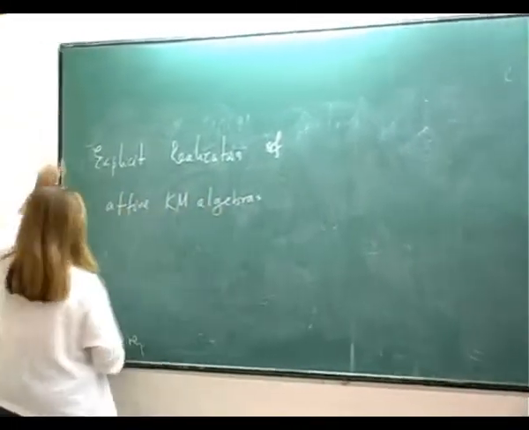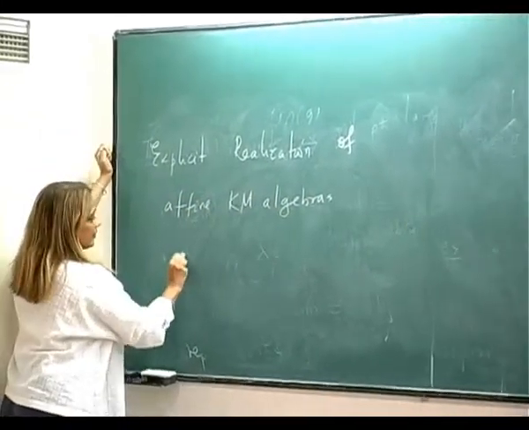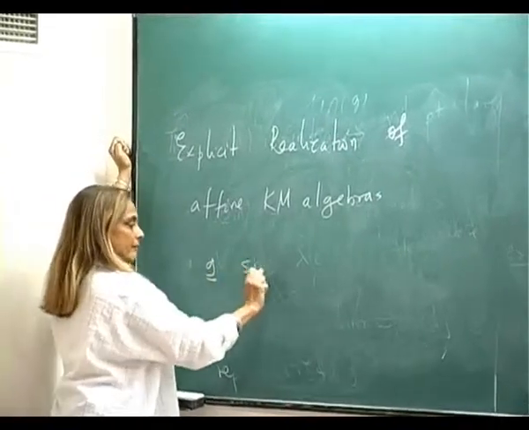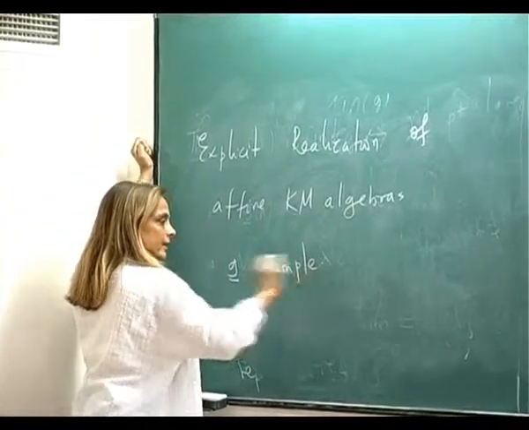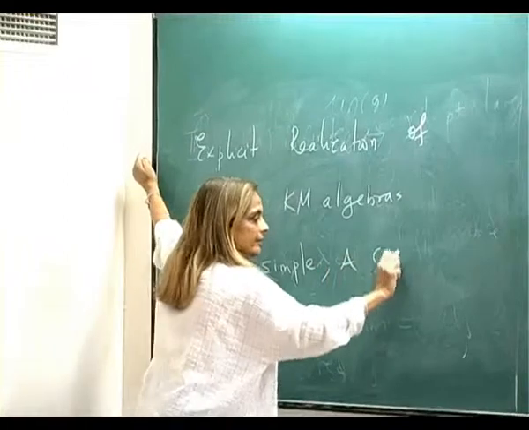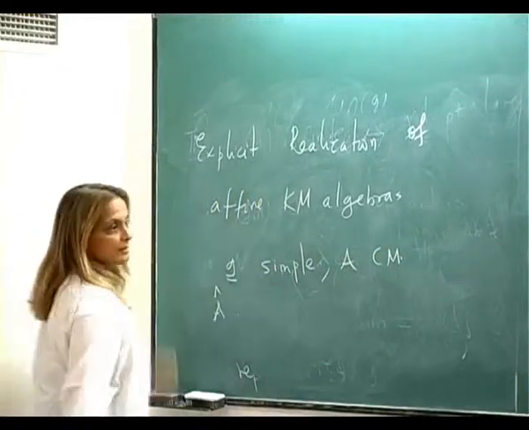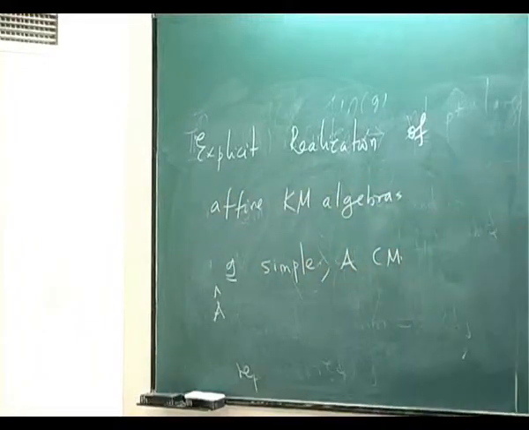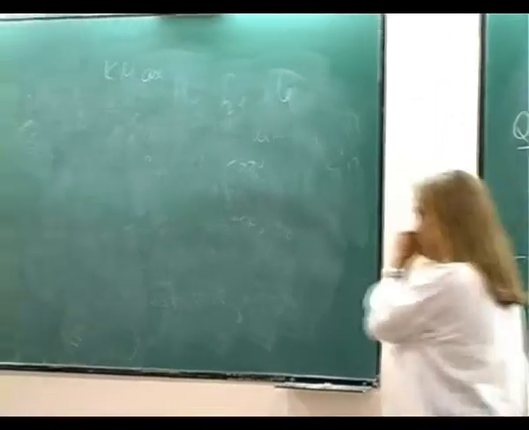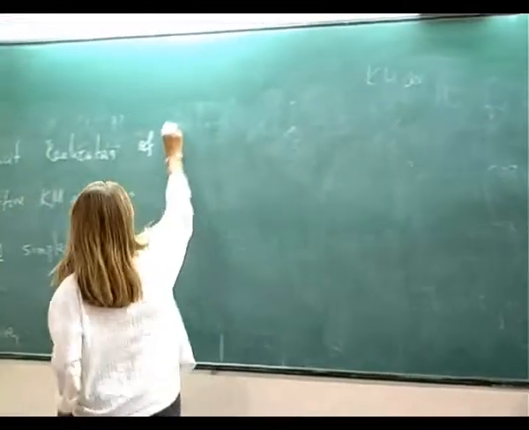So here's how you construct it. G will be my simple Lie algebra from now on. A will be its Cartan matrix. And A hat will be this matrix that I have over here. And I'm going to tell you how to construct g(A hat).